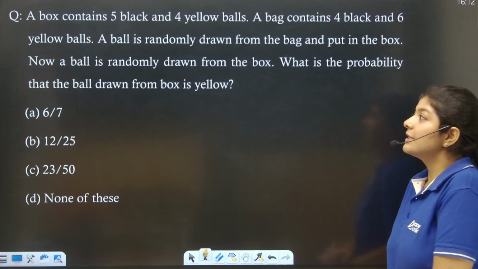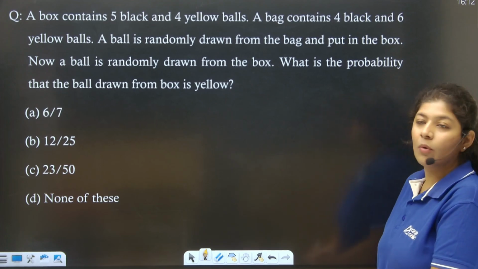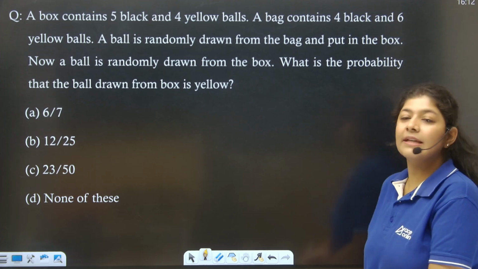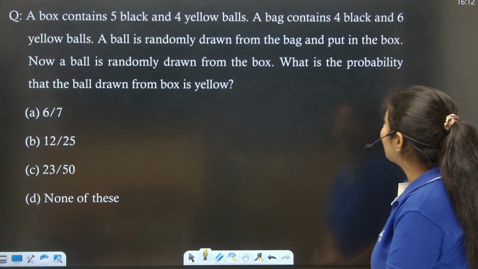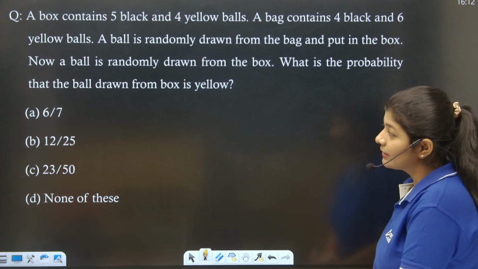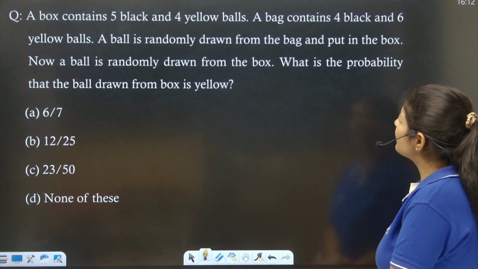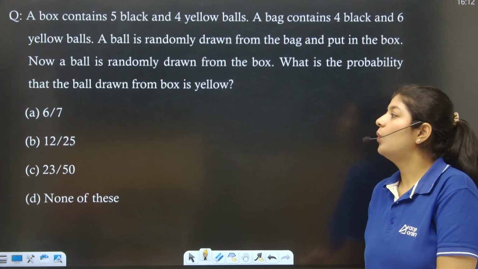So the next question says that a box contains 5 black and 4 yellow balls. A bag contains 4 black and 6 yellow balls. A ball is randomly drawn from the bag and put in the box. Now, a ball is randomly drawn from the box. What is the probability that the ball drawn from the box is yellow?